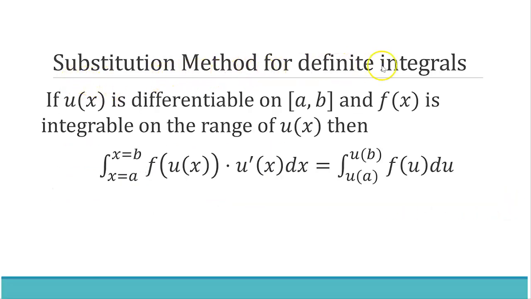The substitution method for definite integrals says that if u of x is differentiable on [a, b], which is the limits of integration for our integral, and f of x is integrable on the range of u of x, then our integral from x equals a to x equals b of f of u of x times u prime of x dx sounds complicated, but this just means our substitution, as we did with indefinite integrals, is going to be the same as the integral from u of a to u of b of f of u du.